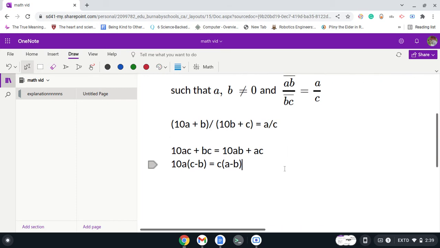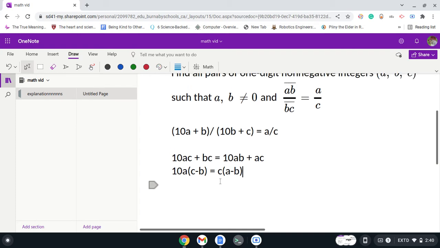So now we have to deal with a couple of cases. The first of which is if both the left-hand side and the right-hand side are equal to 0. Since c can't be equal to 0, because then we'd be dividing by 0 in the fraction a over c, we must have a minus b equal to 0, which would mean a is equal to b, and then here b would be equal to c.